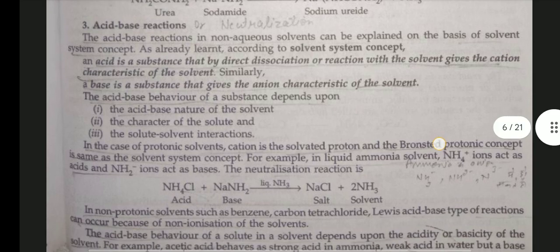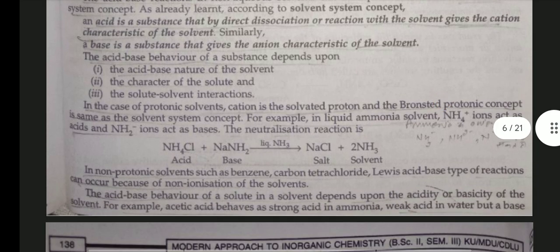The acid-base behavior of a substance depends upon the acid-base nature of the solvent, the character of the solute, and the solute-solvent interaction. In the case of protonic solvents, the cation is the solvated proton, and the Bronsted protonic concept is the same as the solvent system concept. For example, in liquid ammonia solvent, NH4+ ions act as acids and NH2- ions act as bases.